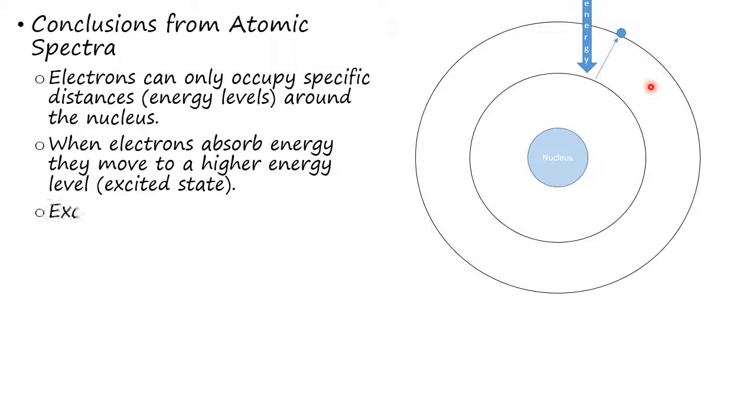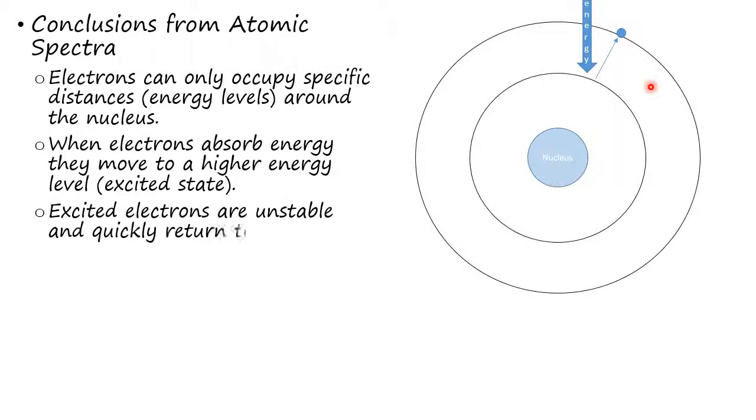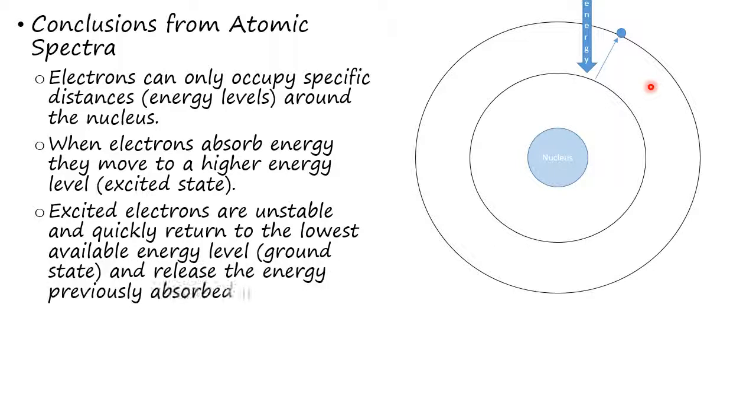And so excited state electrons are unstable, and since they're unstable, they quickly return to the lowest available energy position, which would be the ground state. And to do this, they have to release energy, and they release energy in the form of light, which is what Niels Bohr observed with the bright line spectra.